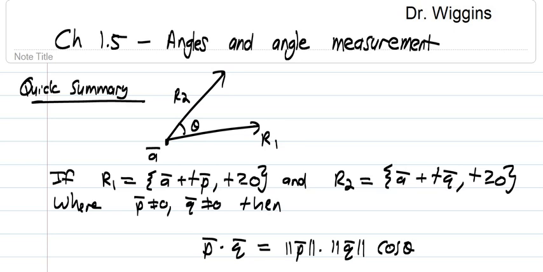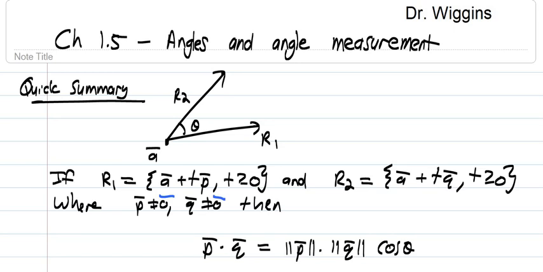If we want to talk about angles, we need two rays originating from the same point. So let's say we have ray 1, which is the set of points A + tP, where t is greater than or equal to 0, and ray 2, R2, which is A + tQ, where t is greater than or equal to 0, where P and Q are non-zero vectors. Very important: P and Q are non-zero vectors.